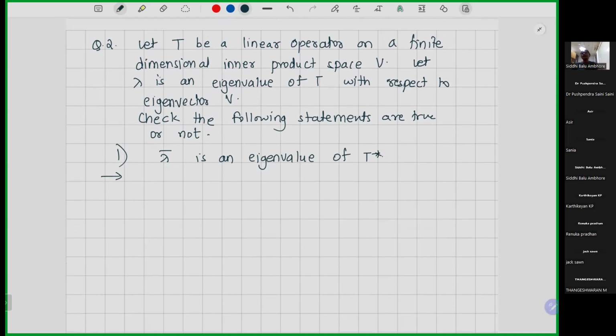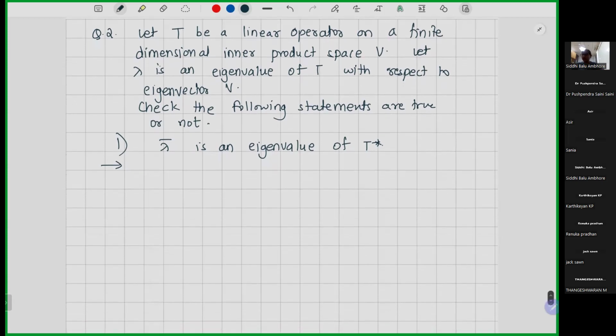Then can we always say that lambda bar is an eigenvalue of T star? Any guesses? Do you think this will always hold for any given linear transformation?